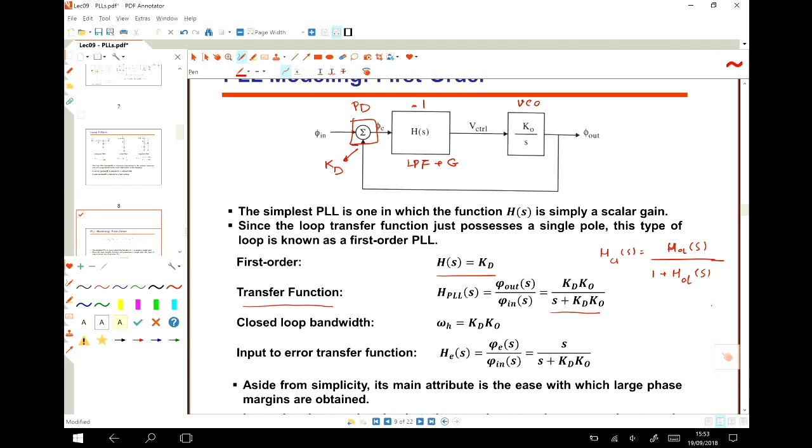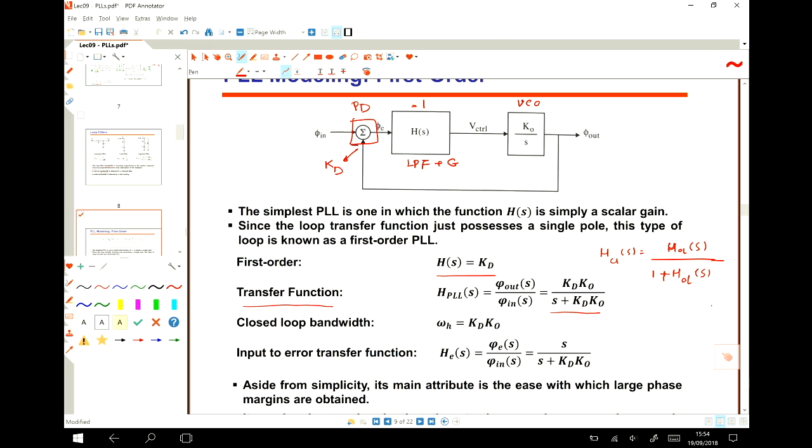We had this in the previous lecture. If we have a positive feedback, it's 1 minus. In a control system, we have a negative feedback. So the closed loop transfer function is equal to this.